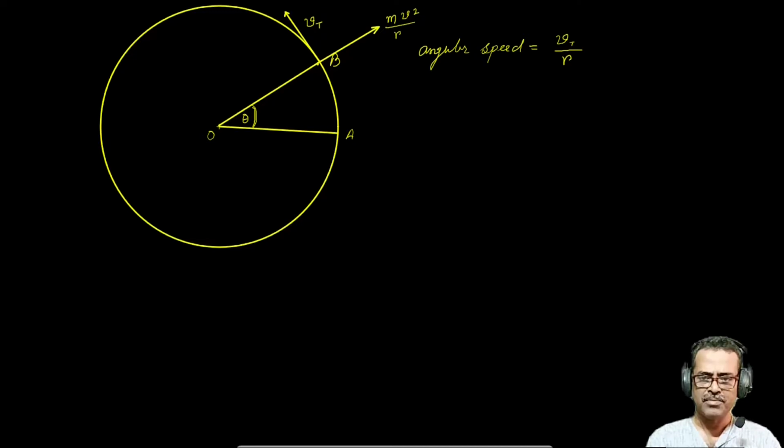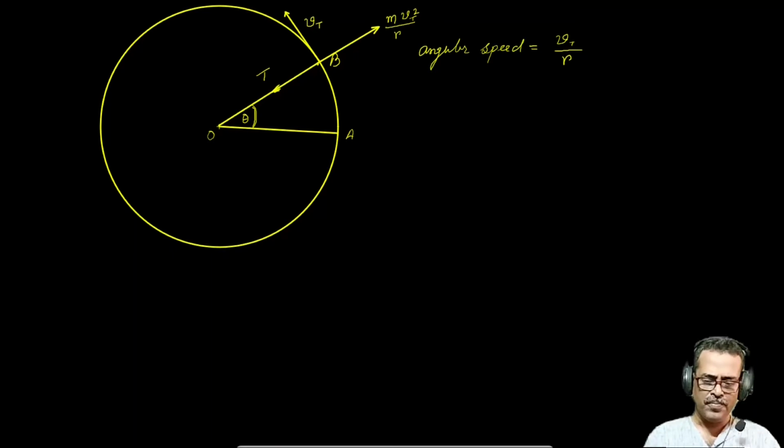This is the tangential velocity, that is vt, okay? And that is due to the non-inertial reference frame, and a tension T which keeps the body in the circular path.